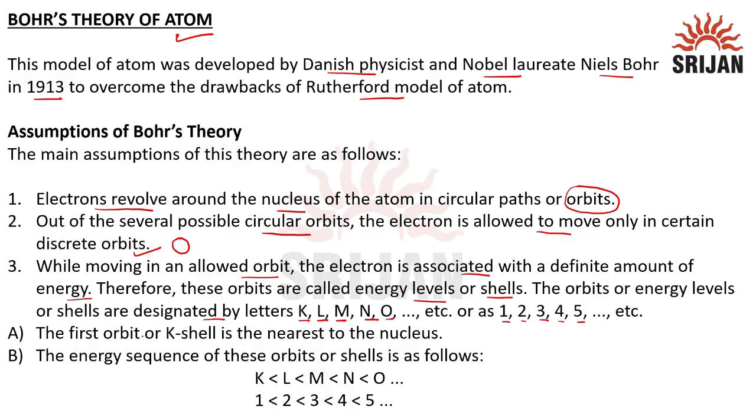The first orbit is the K shell and is the nearest to the nucleus. If this is the positively charged nucleus, the nearest shell is the K shell, right? The energy sequence of the shells is K, then L, then M, then N, and then O, or 1, 2, 3, 4, 5, and so on.